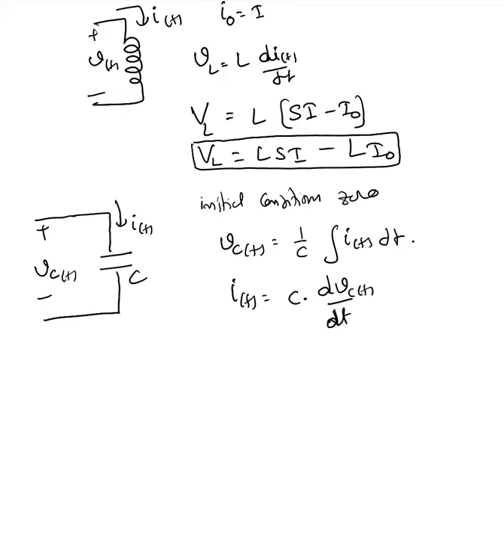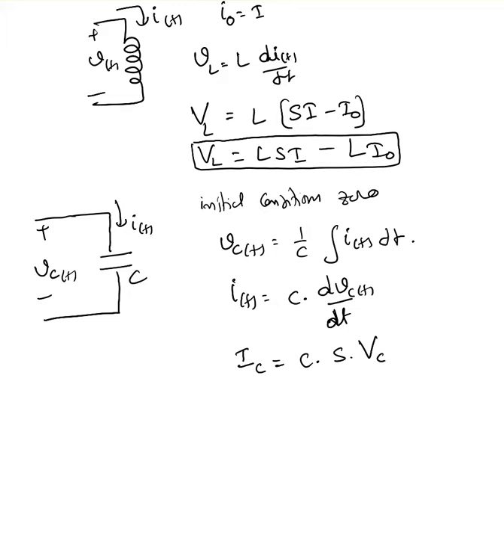Now when I convert this into S domain, IC is the current passing through the capacitor. IC equal to C times S times VC.